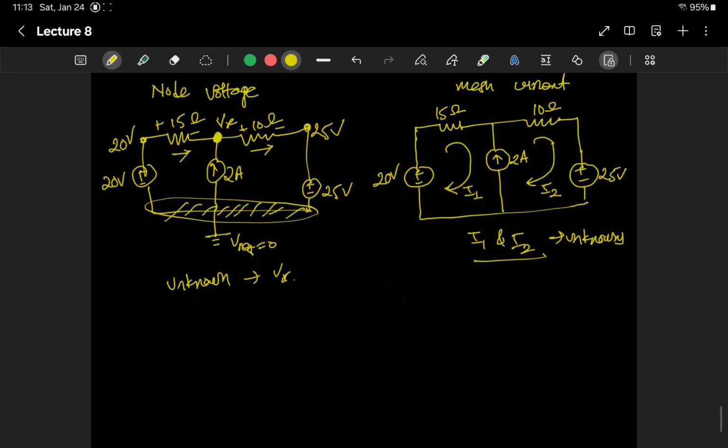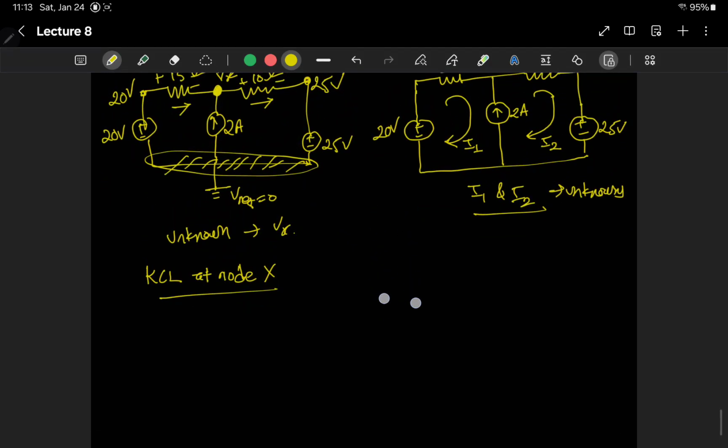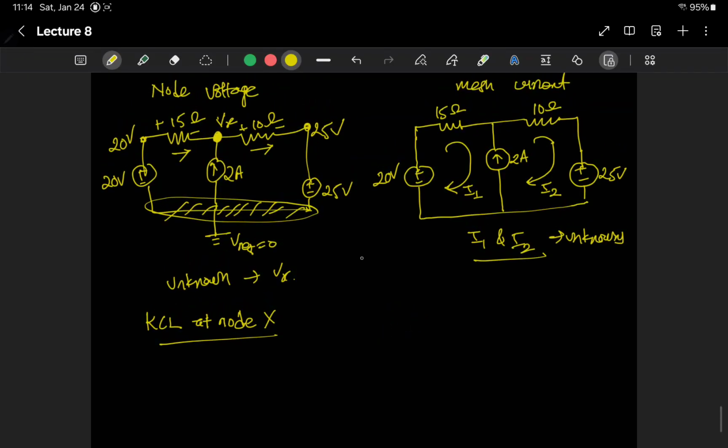We apply KCL at node X, which is Vx, because that is the only unknown here. The current coming in is (20 volts minus Vx) divided by 15, and another current coming in is the 2 ampere constant current source.